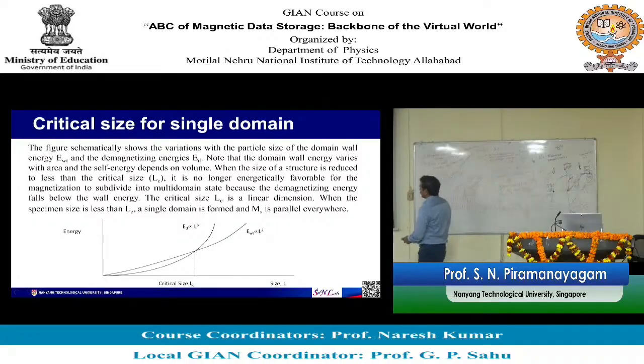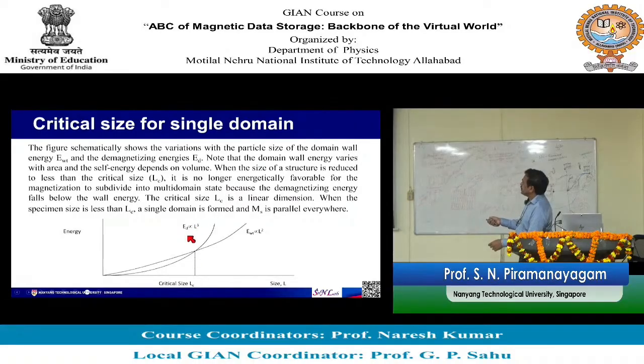So when the size associated with a certain magnetic particle is very large, you see that the demag energy is much more compared to the domain wall energy.